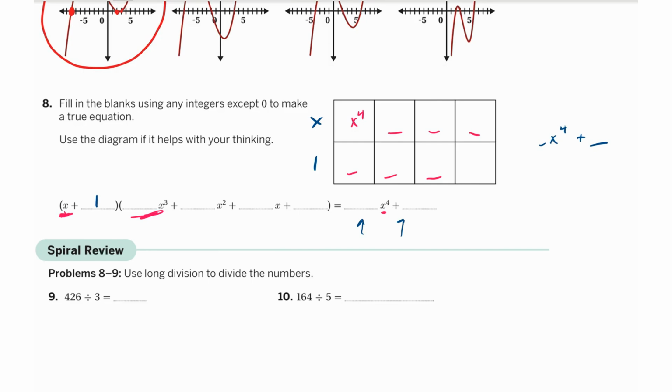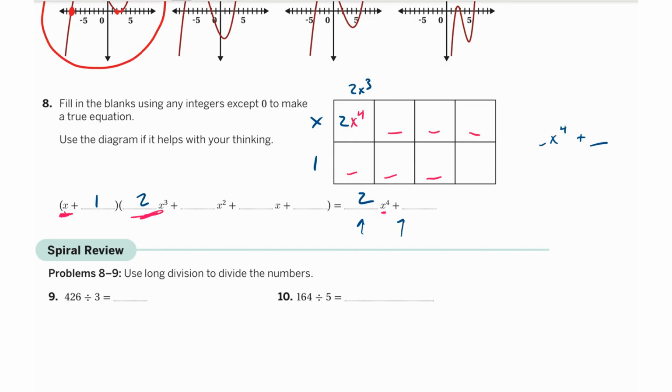So when I do that, we'll go ahead and put in front of this 2, which means that this ends up becoming 2x cubed here, which means we got 2x to the power 4 on the inside, which means that we have 2x to the power 4 here.